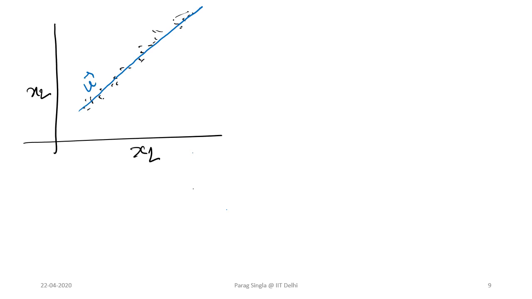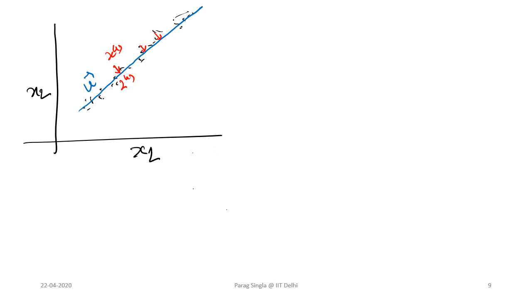You would like to project each of these xi's, so maybe there is a point here, xi, onto this line, which will actually be a vertical projection here, which is zi, and so on and so forth for every point.